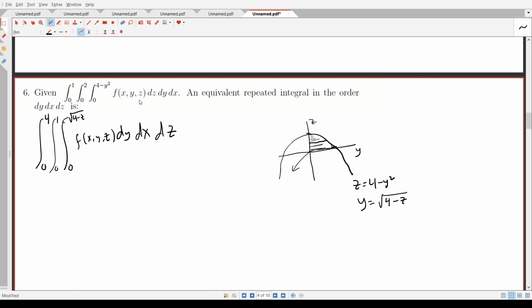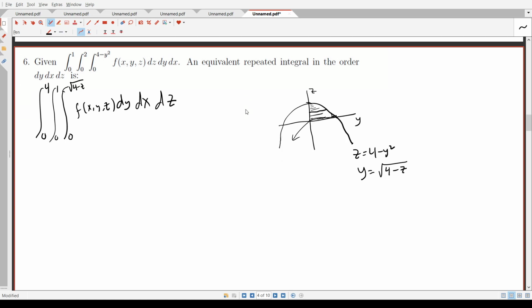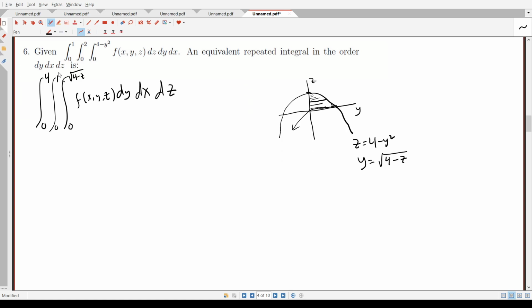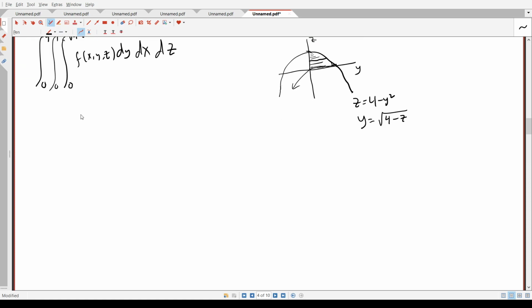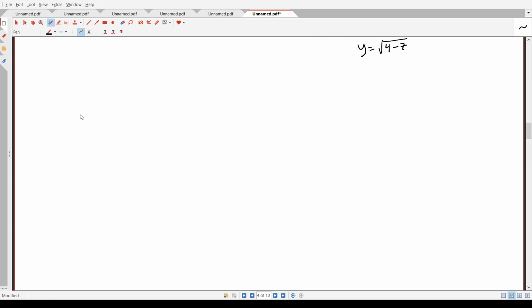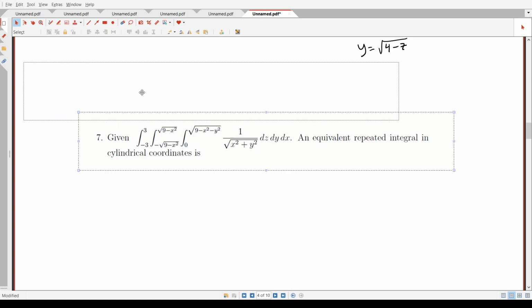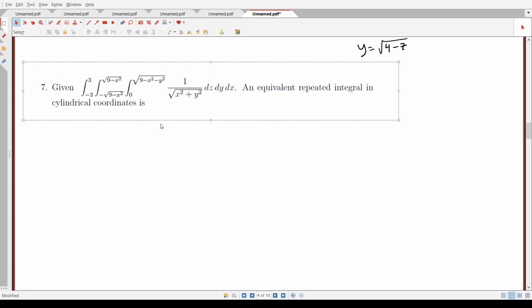Right, it just says f is some function, so it just says give an equivalent integral. All it was asking was for you to rewrite the integral, changing the order of the integrals. Similar to this one, it just says rewrite in spherical or in cylindrical coordinates.